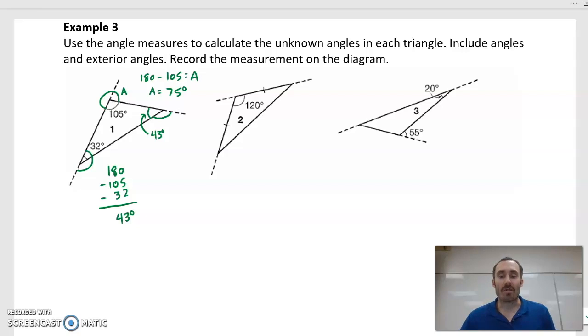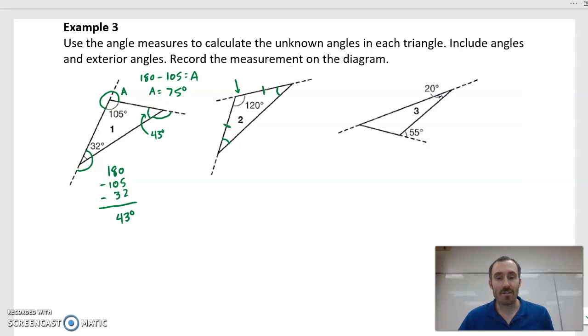Let's do number 2 over here. We're given this angle over here is 120 degrees, and we're also told that this side and this side are equal to each other. And so if we remember isosceles triangles, the two opposite angles from these equal sides are also equal to each other. So that means this angle and this angle are equal to each other.